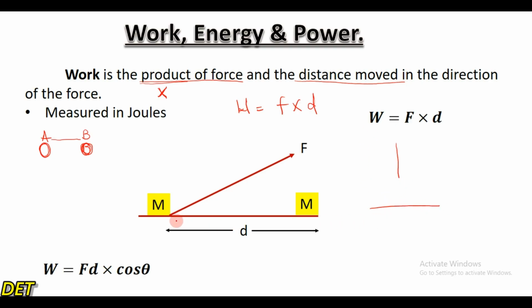So if the force is acting at an angle theta to the horizontal, then my work done will be equal to force times distance times cos theta, where theta is the angle at which this force is acting.